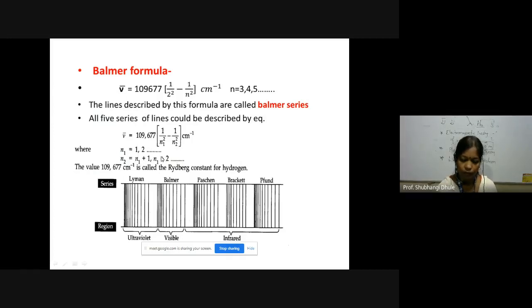Then the second line will be n1 plus 2, the third n1 plus 3, increasing by 1. This is the important formula put forth by the scientist Rydberg, and this constant 109677 per centimeter is called the Rydberg constant for hydrogen. We are learning all this, the electromagnetic spectrum, only for hydrogen, that is the emission spectrum of hydrogen. So this way it is useful.